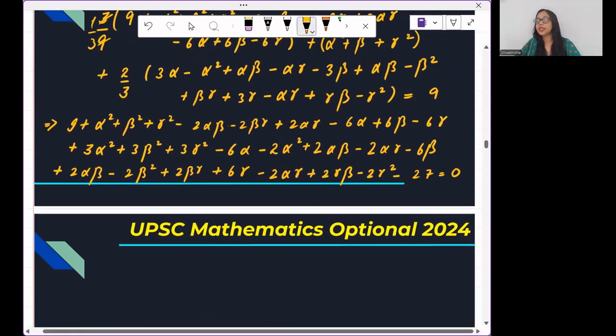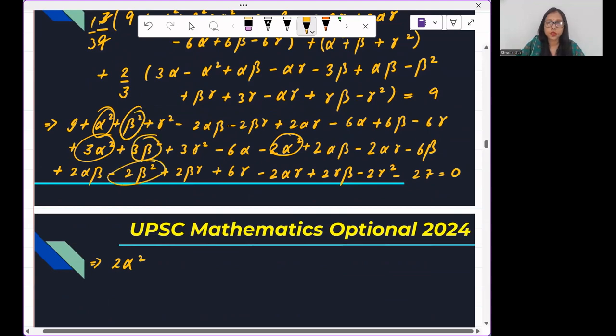First, let's collect all the alpha square. Alpha square I have here 1 plus 3, 4. 4 minus 2 is 2. That's it. So we have 2 alpha square. Then we have beta square again 1, 4 and minus 2. So 2 beta square.